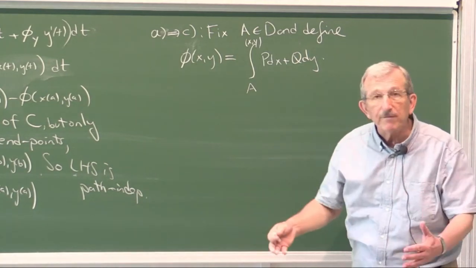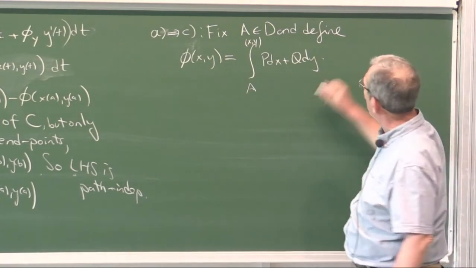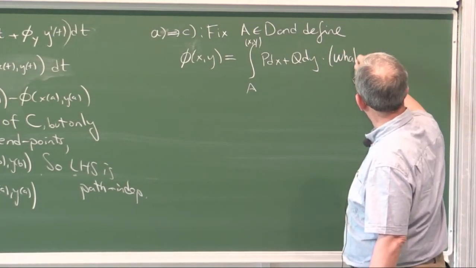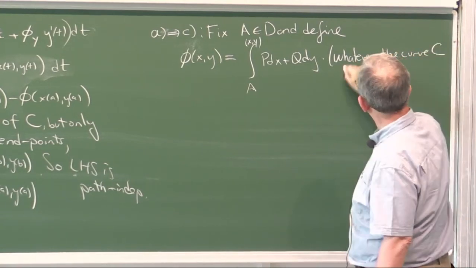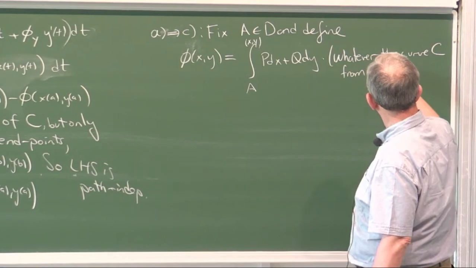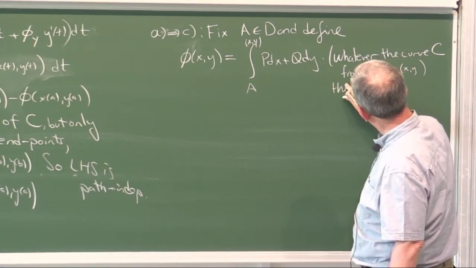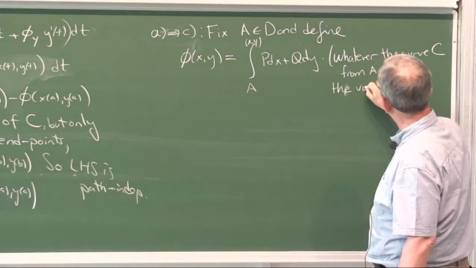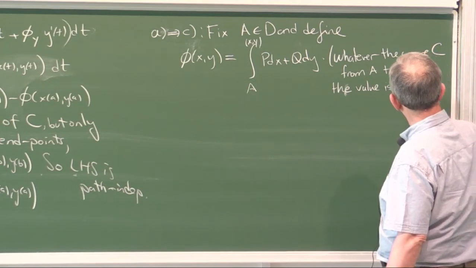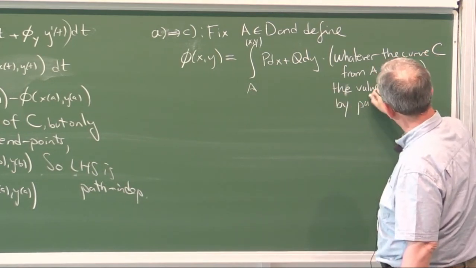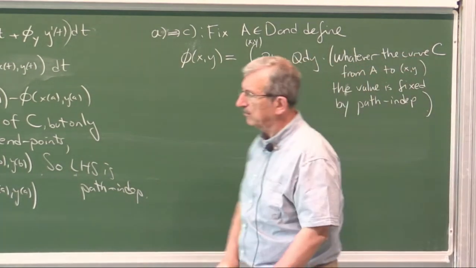This does not depend on the curve, but only on the starting point and the end point. So whatever the curve C from A to (x, y), the value is the same by path independence. Okay, so this is a good definition.